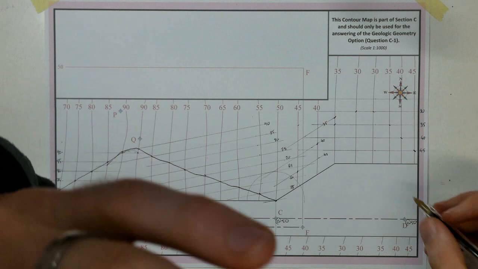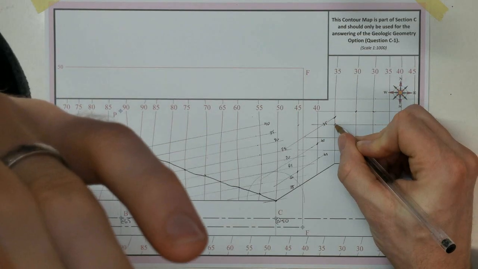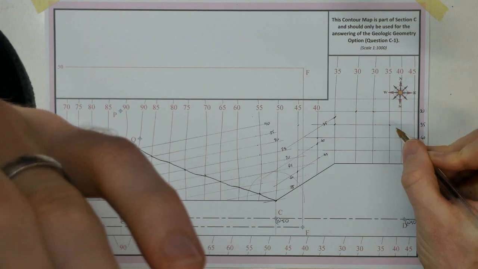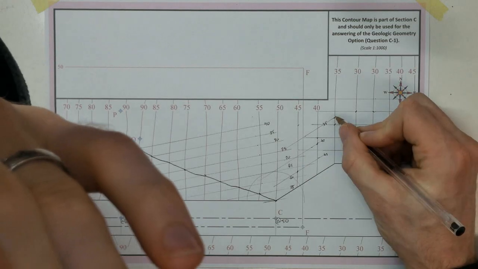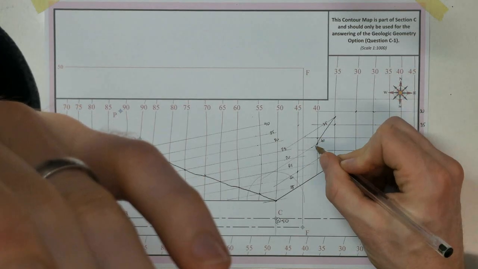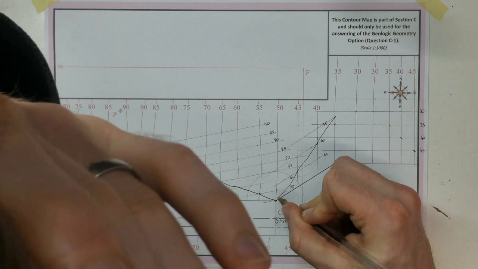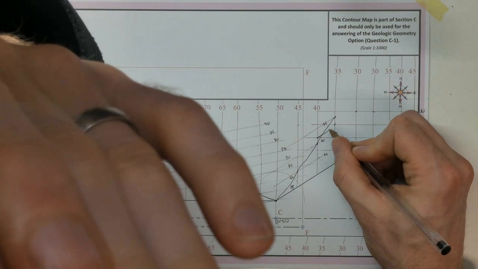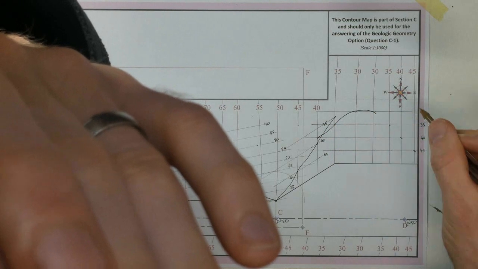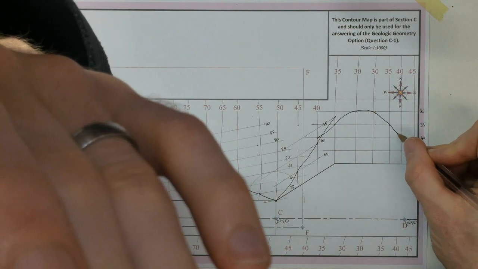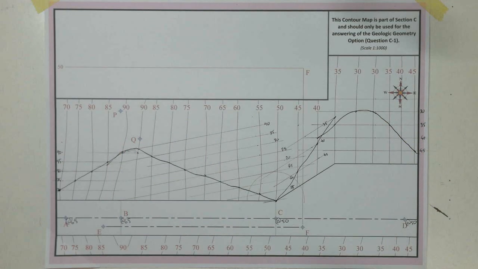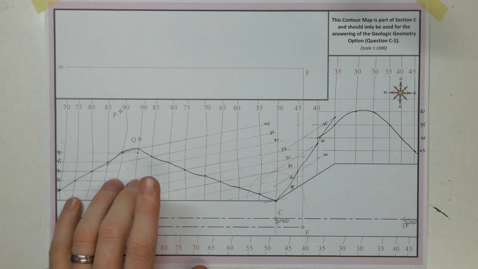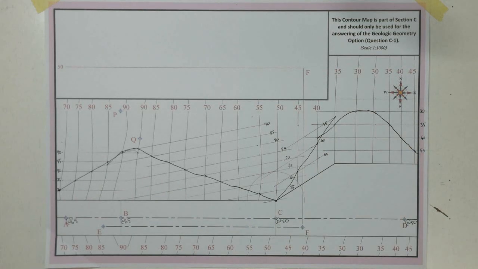And finally these intersect, so we're down to 40 there. Yeah, that should show an intersection. Okay, so there are contours done on that, with our cut and our fill.